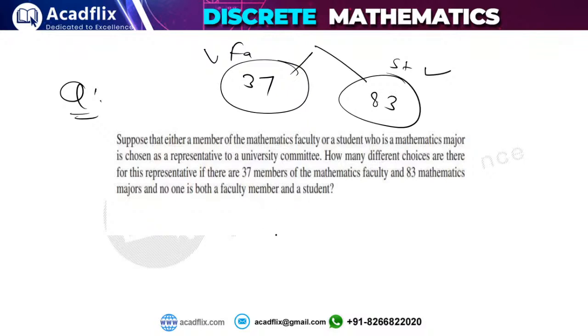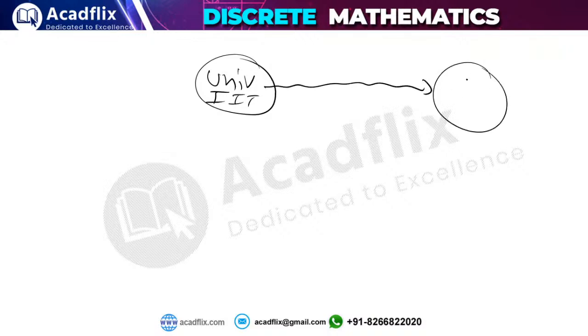And what does your university want to do? Let me tell you this example. Let's assume you have a university, let's assume some IIT is there. In this IIT, they want to send one person to some conference.